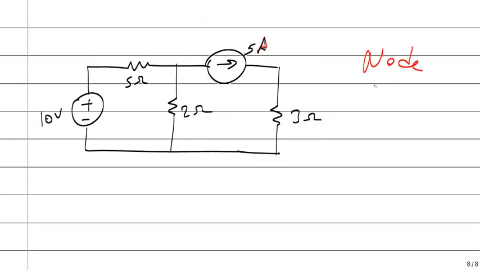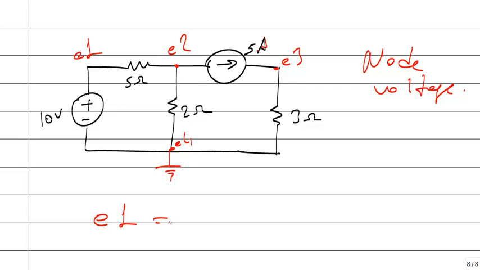What's node voltage? If you say this is E1, E2, E3, E4. To define a node voltage, you need a ground. That's very important. If you don't define the ground, you cannot define any node voltage. So let me define E4 as ground. The node voltage of this point is E1.